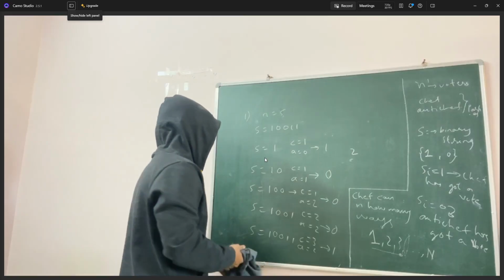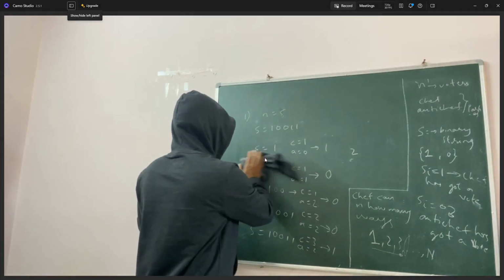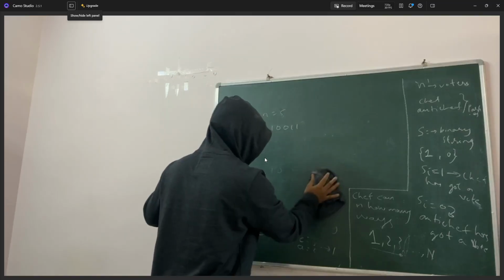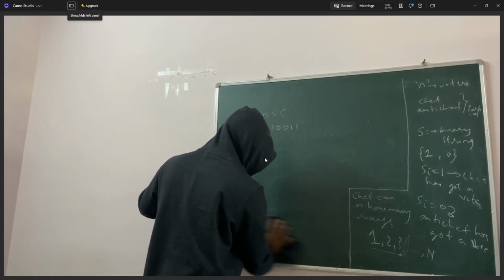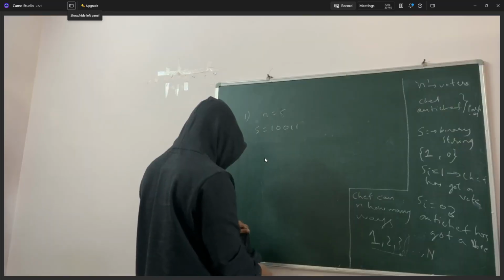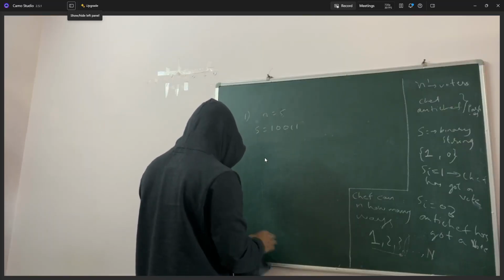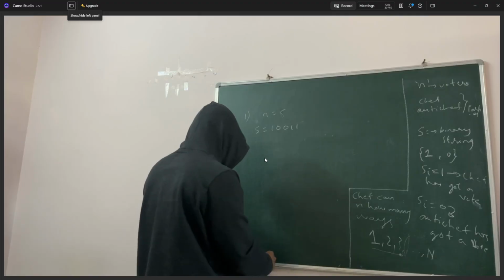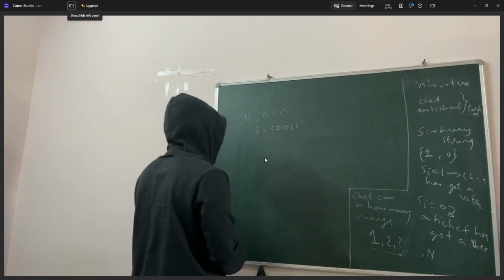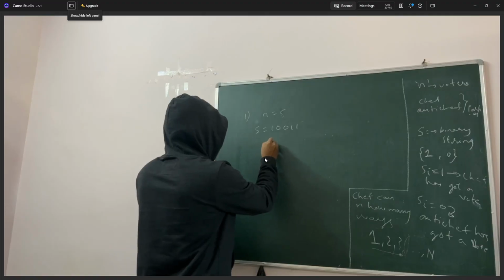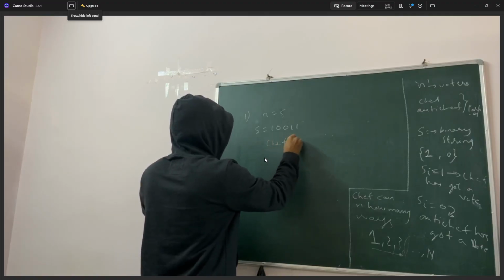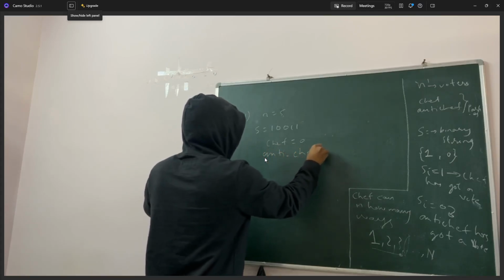So how do you solve this? It's very simple. What we will do is, we will keep 2 variables. We can keep 1 variable also, but in order to make sure the code is readable, I'll take 2 variables. Let me call them chef, which is 0, and anti-chef, which will initially be 0.